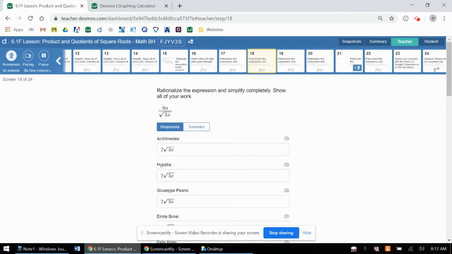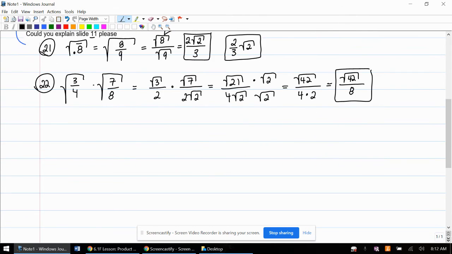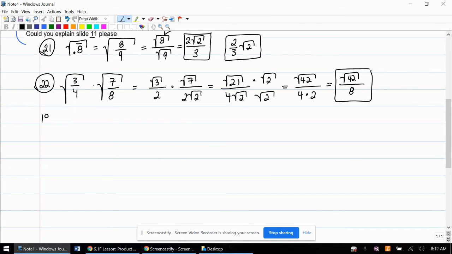So 18 is root 6a over root 3a. Or sorry, I read that wrong. 6a over root 3a, 18. And this one looks like it is stuck.